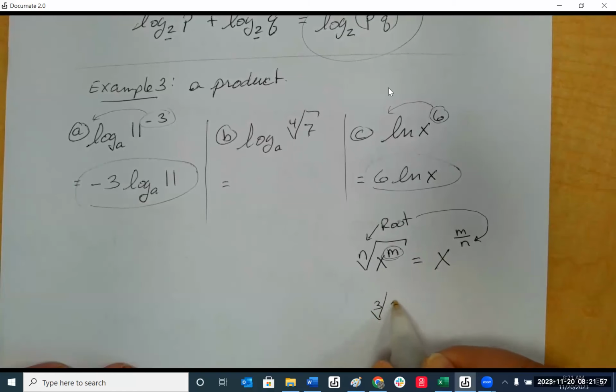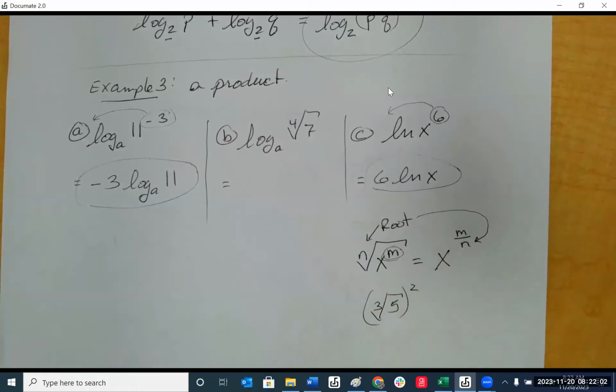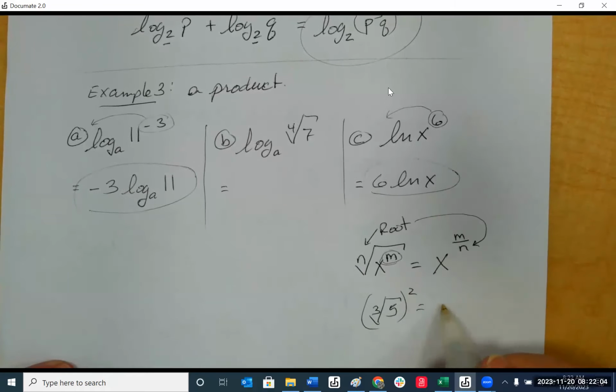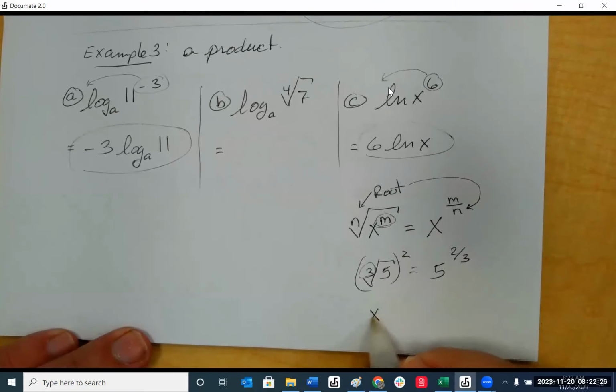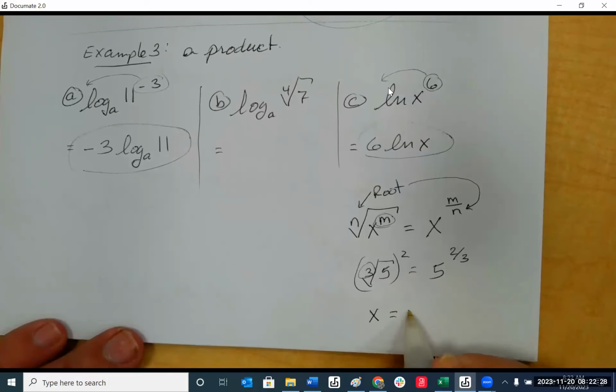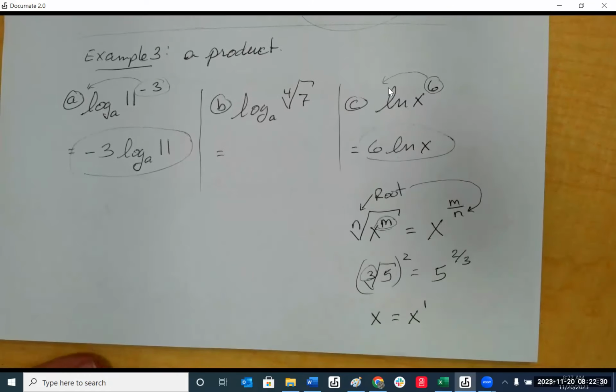Even if we had something like this, this would still be written as 2/3, because that number has to go on the bottom. Whatever is here goes on top. And also remember that if there's nothing there on top of it, there's automatically a 1.